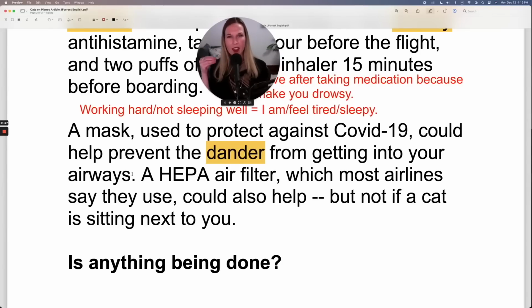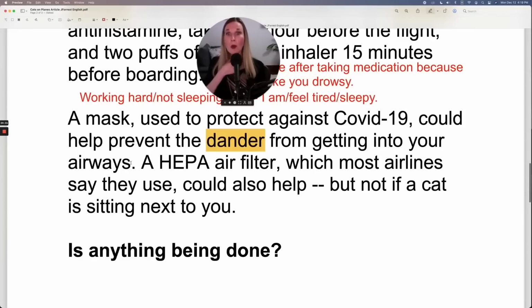It's the dander on their fur. Airways is, of course, just how you get air into your body. So your nose is one of your airways and your mouth, your throat, is another one of your airways. So how you get air into your body.